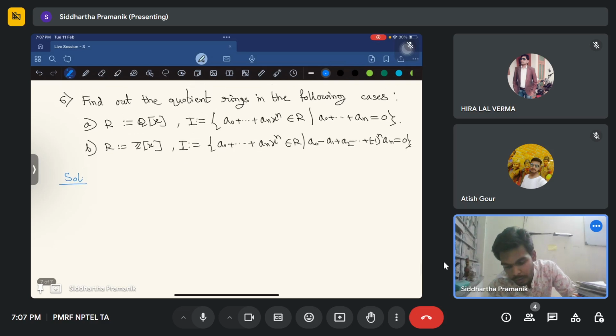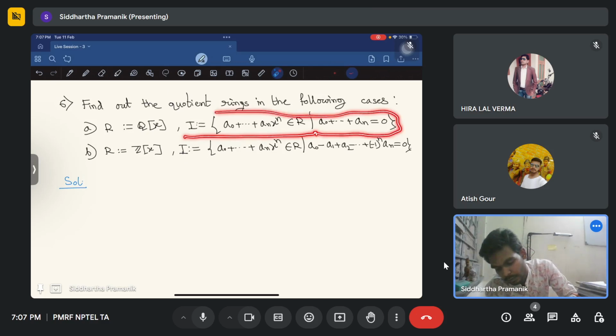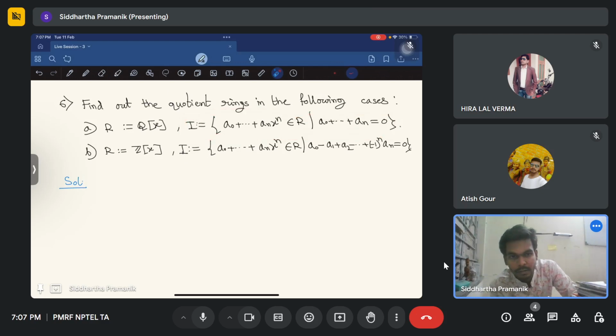So the first task for you is to identify this ideal with a simpler one.